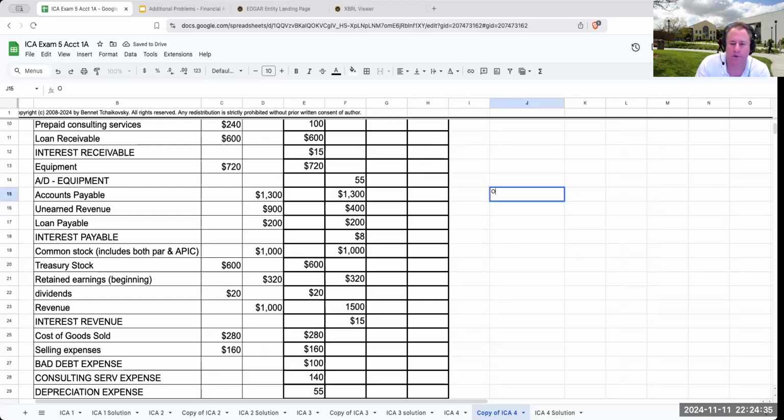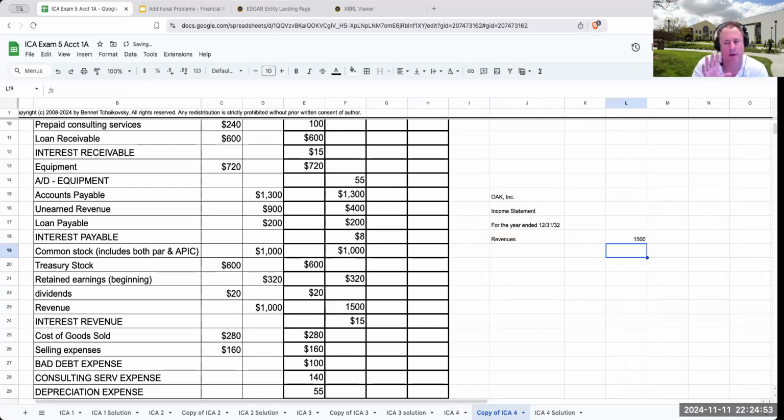So we're going to have Oak Inc. income statement for the year ended 12/31/32. We're going to start over here with revenues. Our revenues are going to be 1,500. Now notice, I'm not going to touch interest revenue because that's going to be other revenue and expense.